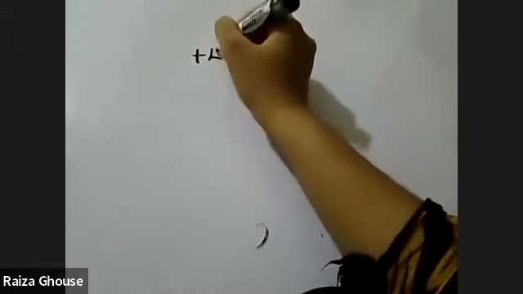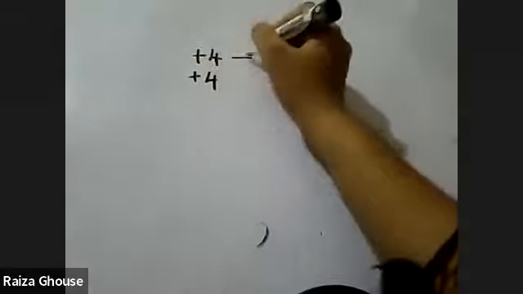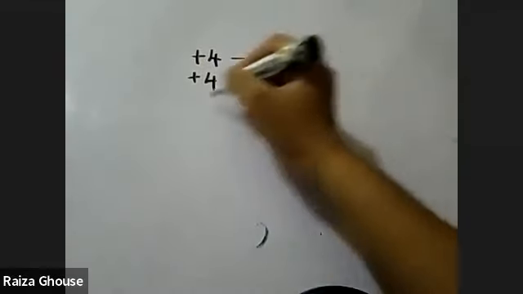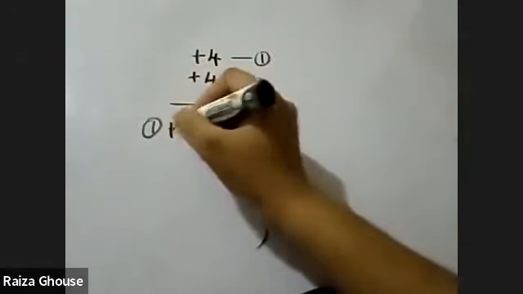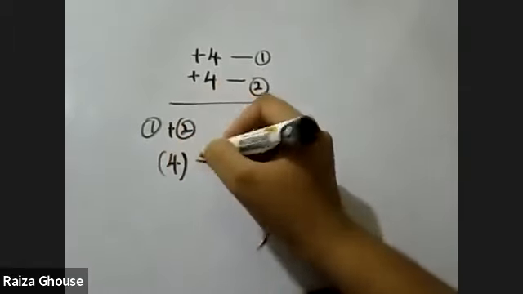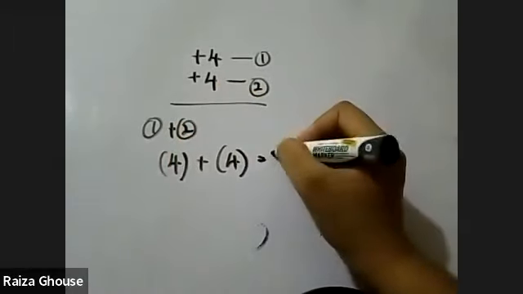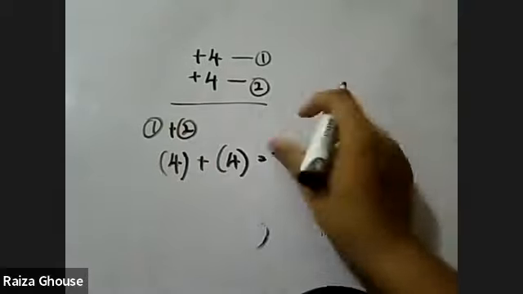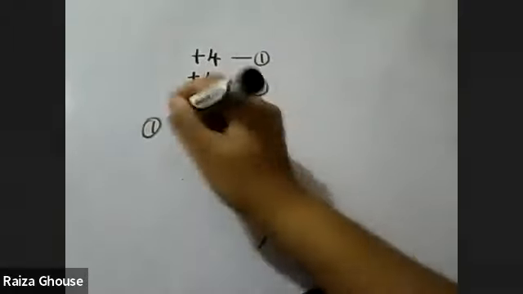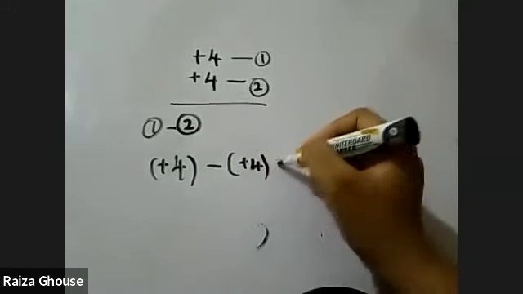Here, for example, if I take plus 4 and plus 4, you can see coefficients are the same. Now if I add my first equation and second equation, I get what? Sorry, not add, subtract. If I subtract plus 4 minus plus 4, I get 0.